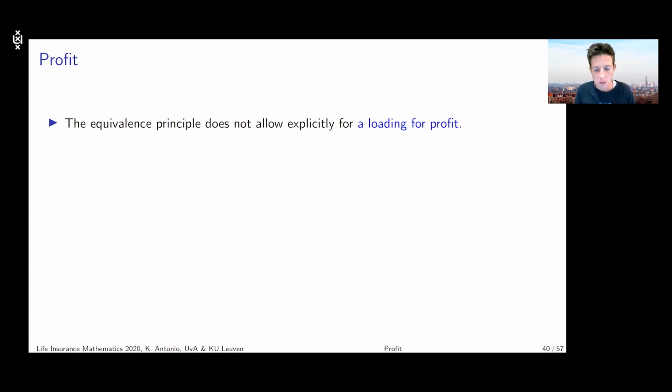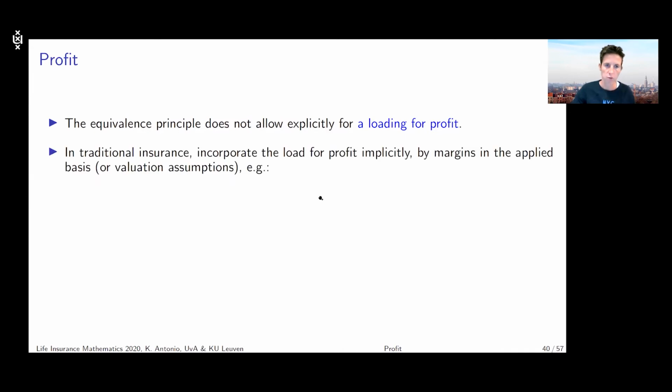So if you look at the actuarial equivalence principle, that principle imposed an equivalence between the EPV of the benefits and the EPV of the premiums. So there you see that there is no explicit accounting for a loading for profit, right?